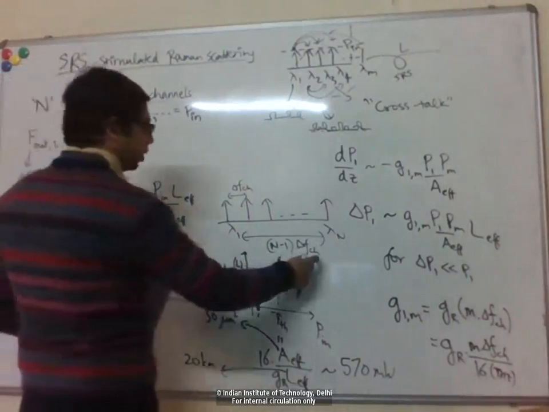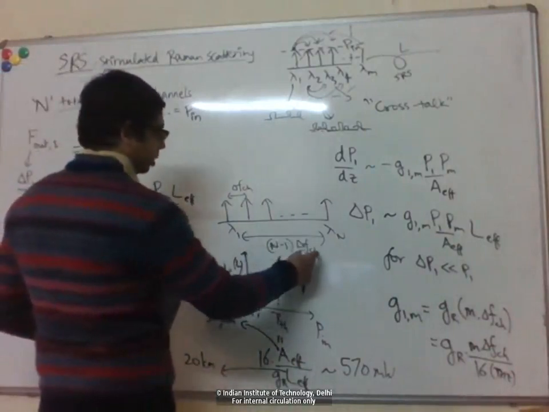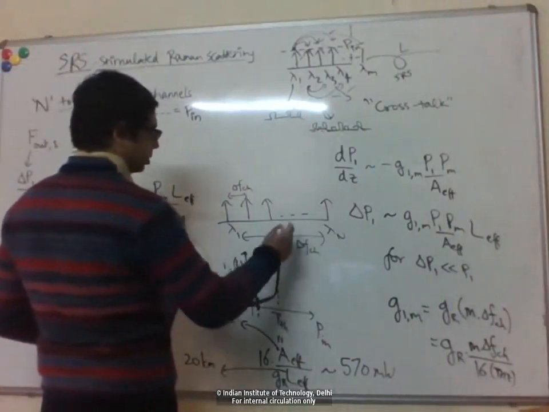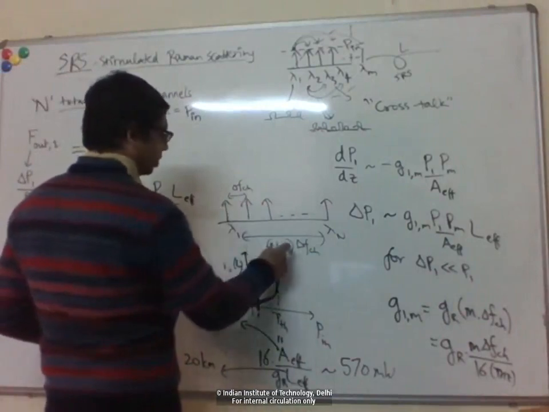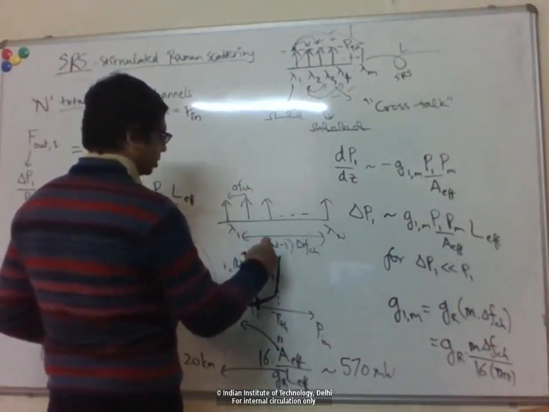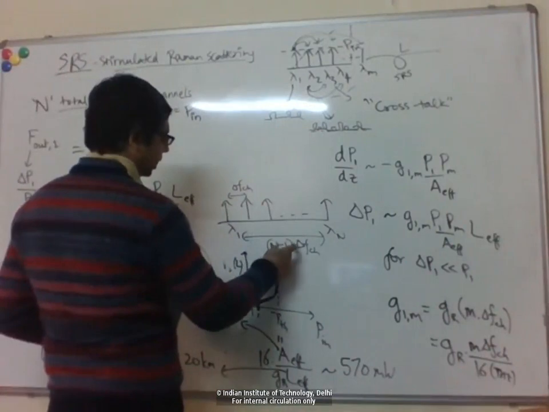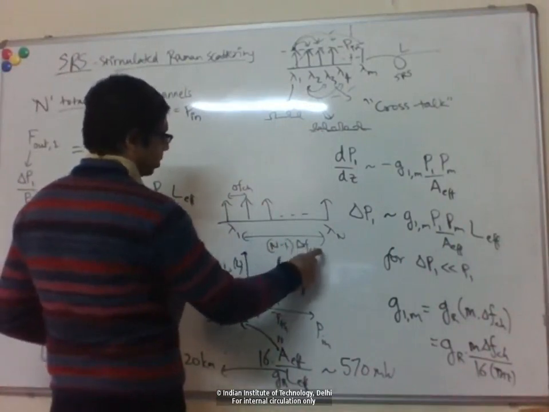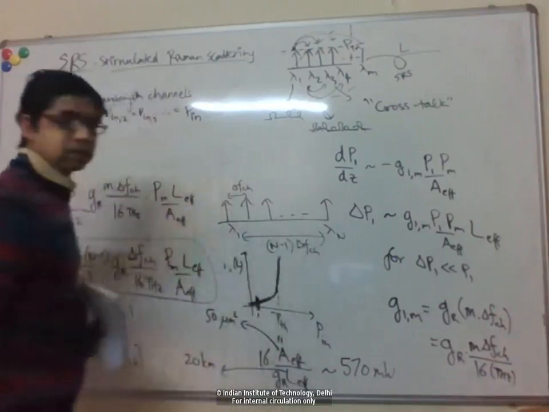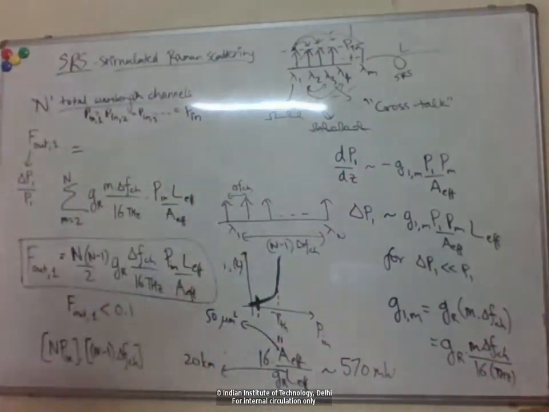So again, if you have a DWDM link, let's say 0.1 terahertz spacing between each channel, and then you have 100 channels, that's too large. So let's say if you have 20 channels, then 20 times 0.1 terahertz will give me 2 terahertz as the total. Right.